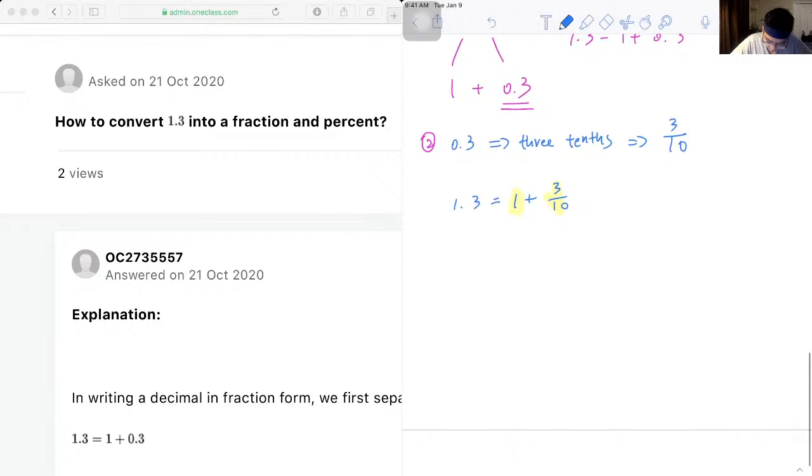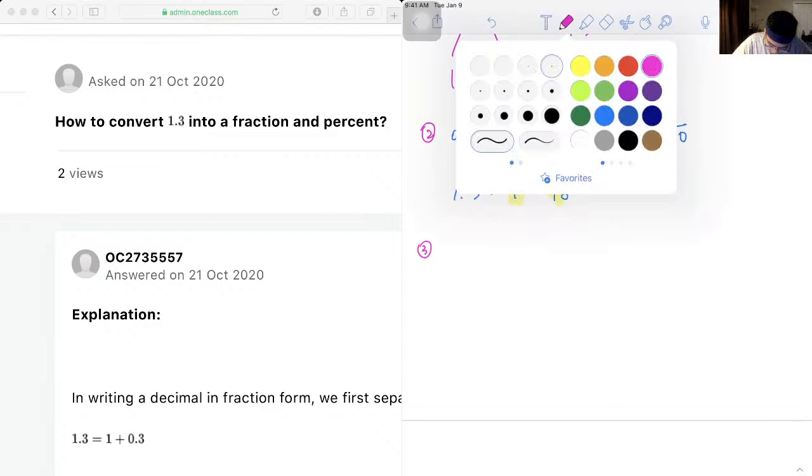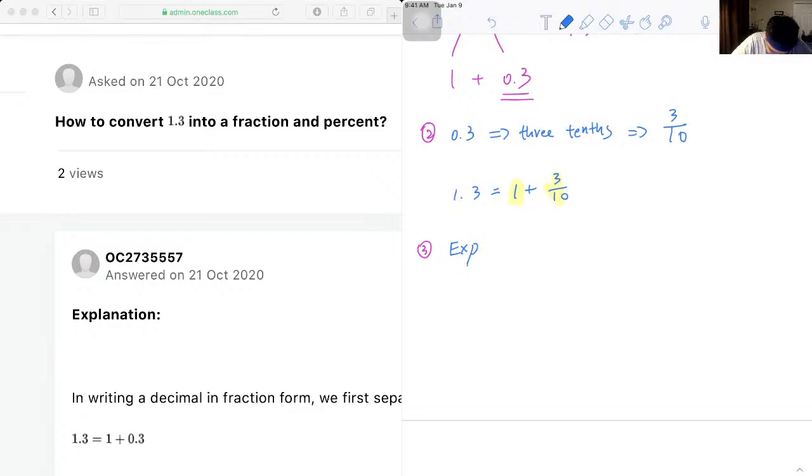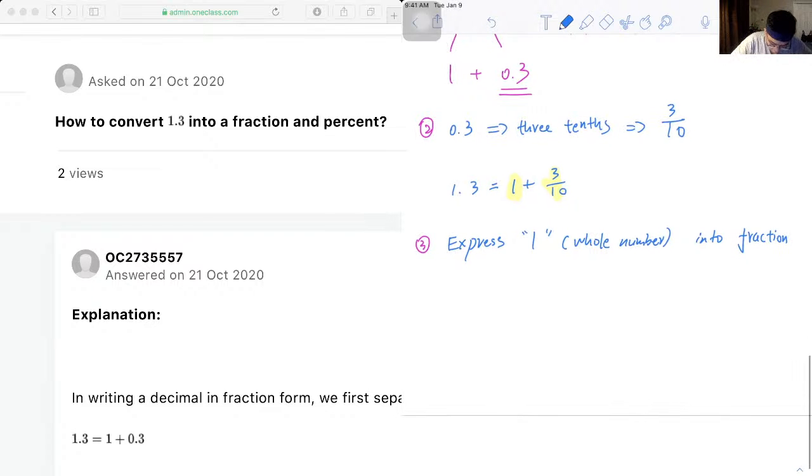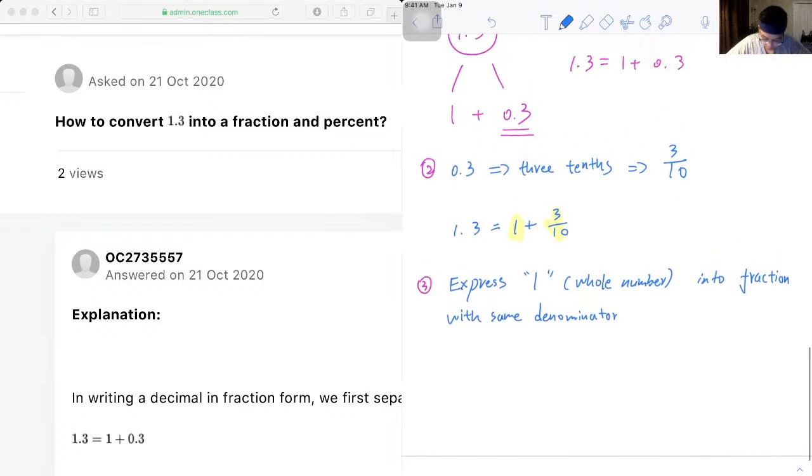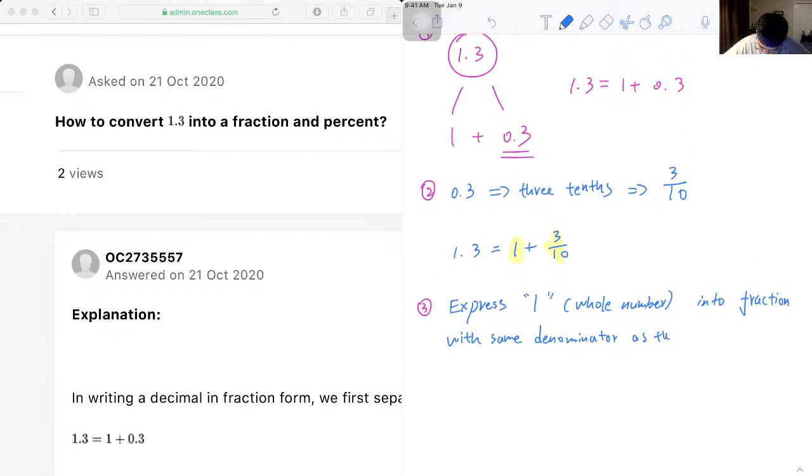Okay, so the third step, we need to express 1, which is a whole number, as a fraction with the same denominator as the other fraction part.